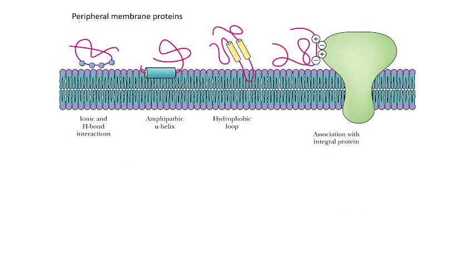We're going to talk about peripheral membrane proteins first because they're sort of the less important of the two. Not that they're not important, they're all important, but there's less to know about them.